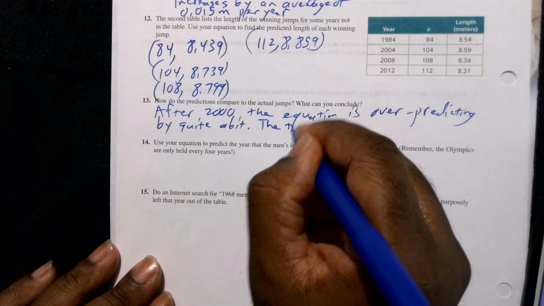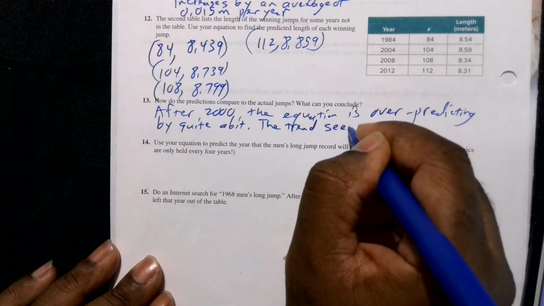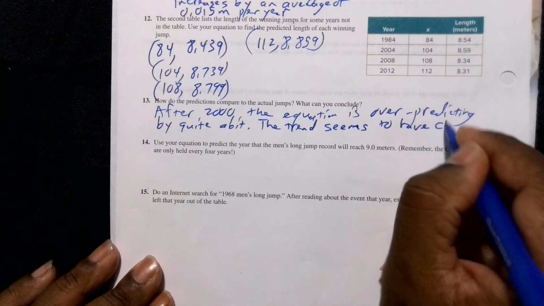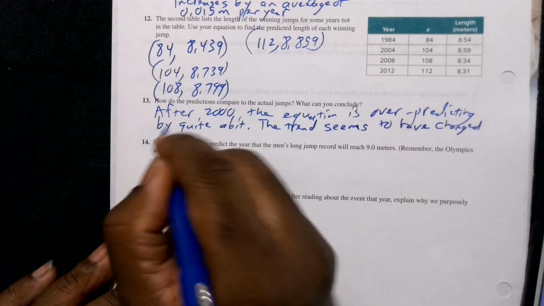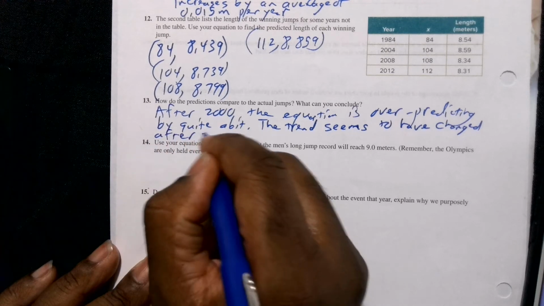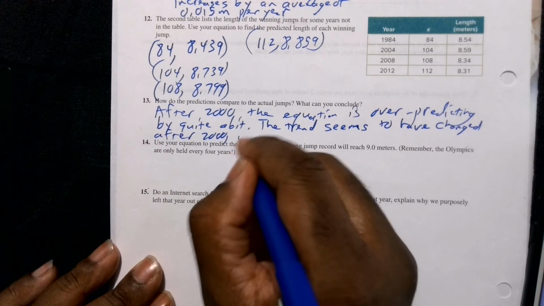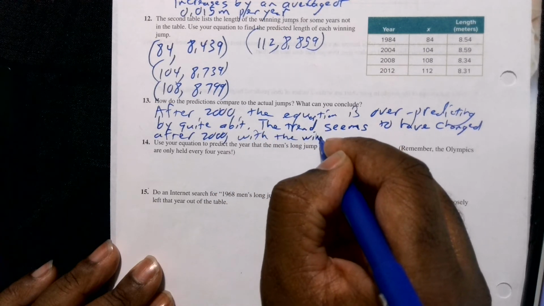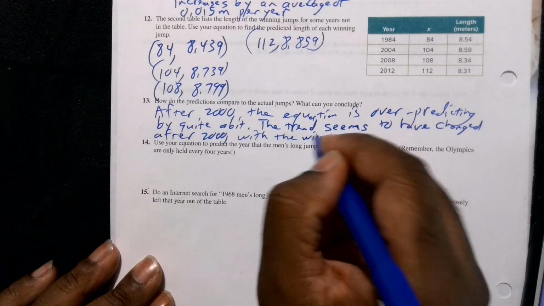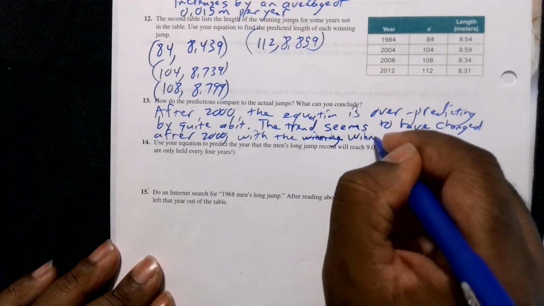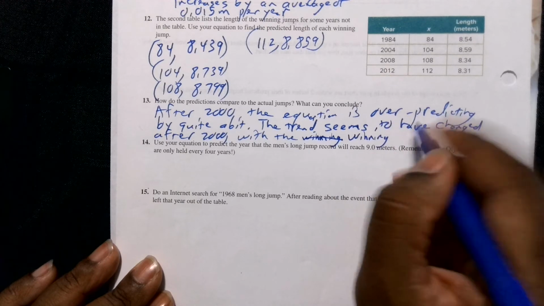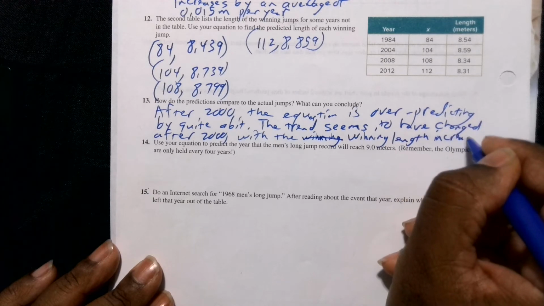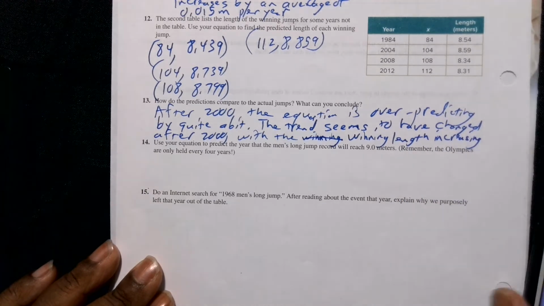The trend seems to have changed after 2000, with the winning lengths increasing more slowly.